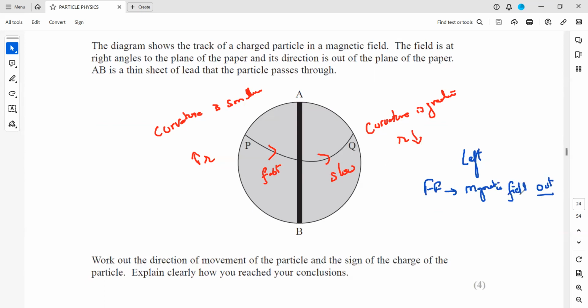The magnetic field is out, as mentioned here. Your second finger represents the direction of the particle. So the direction of the particle, in this case for P or Q, is in this manner. Your index finger should point out. Your second finger represents the direction of the particle. Where your thumb is pointing.